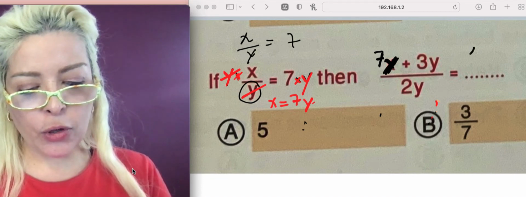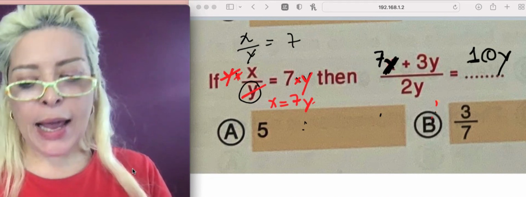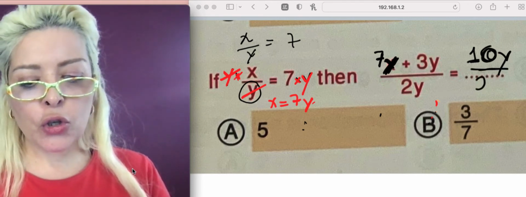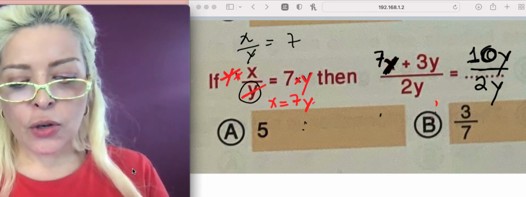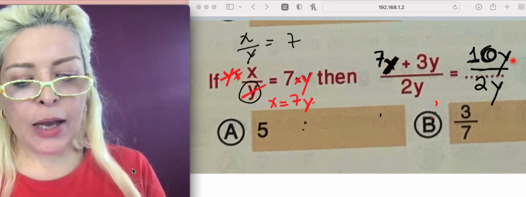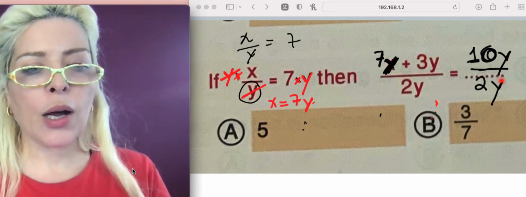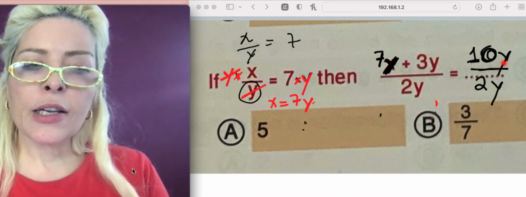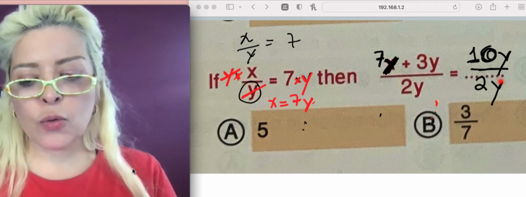So here we're going to put 10y over 2y. Now we have 10y over 2y. Because y is over y, anything over itself is equal to 1.